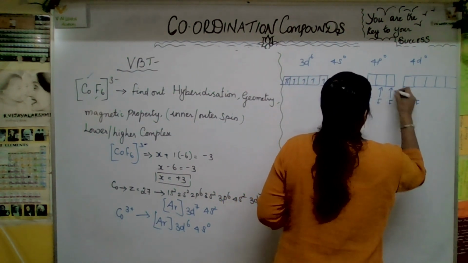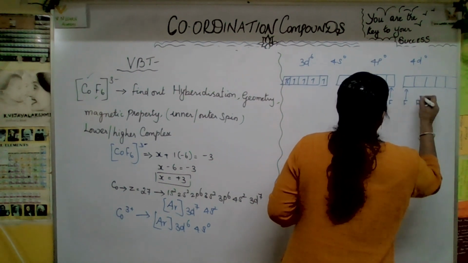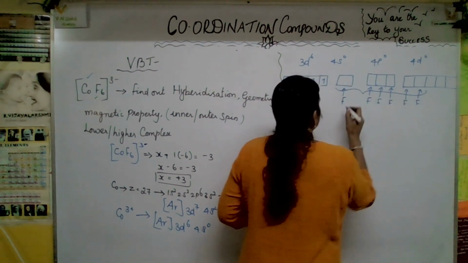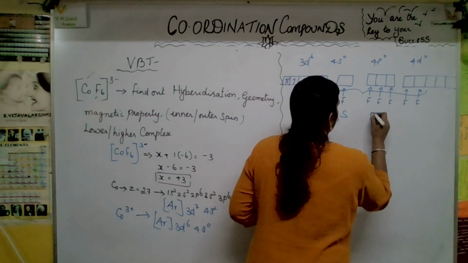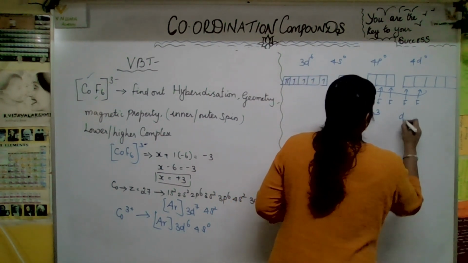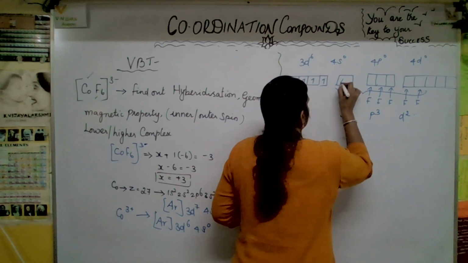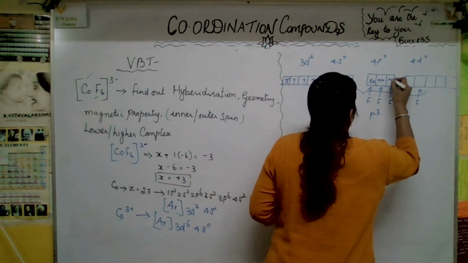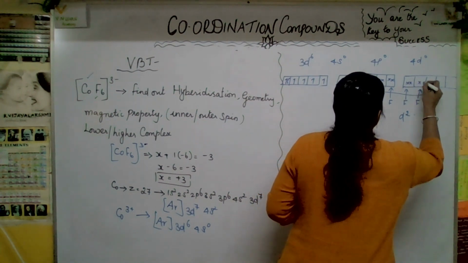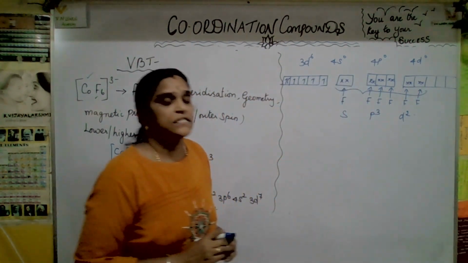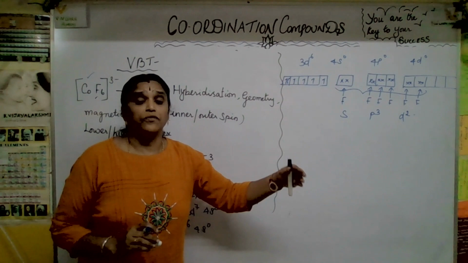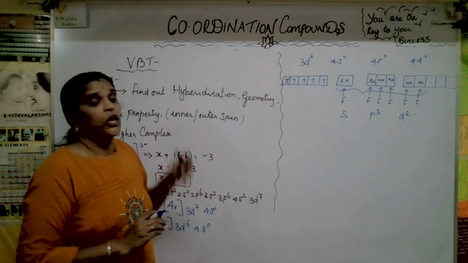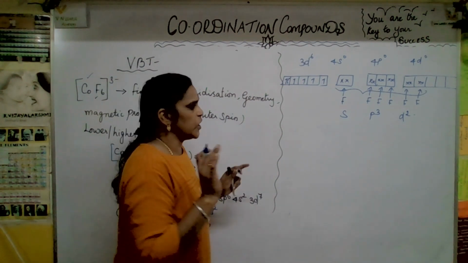From here to here, this is the s orbital, the 3 p orbitals, and 2 d orbitals. So pairs of electrons will go and accumulate. Who is giving them? The fluoride ion. It is donating a pair of electrons to the central metal ion. Which is the central metal ion here? Cobalt. Okay, hope you are clear with it.